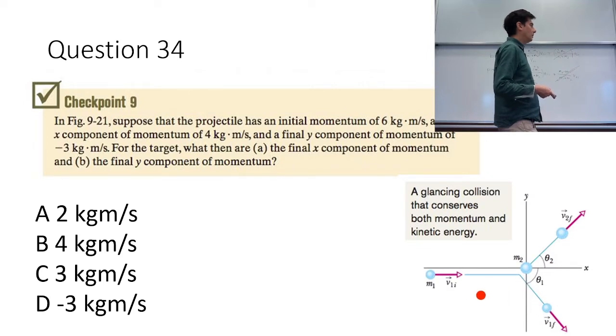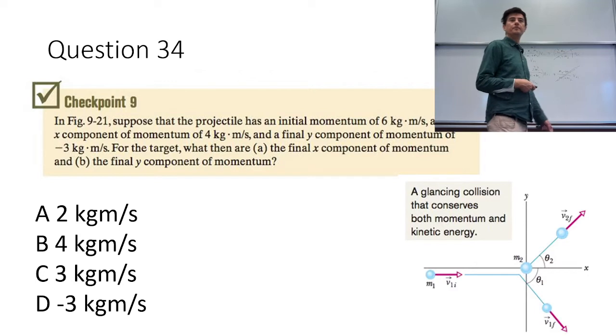So this ball now deviates and goes this way. The x component is 4. A final y component momentum of -3. It's going down. For the target, what then are the final x component momentum and the final y component? Okay, so let's start with the x component. What's the final x component of that ball going to be?